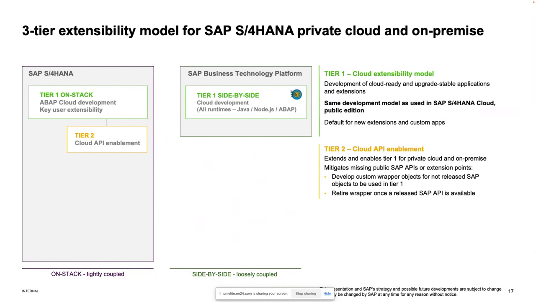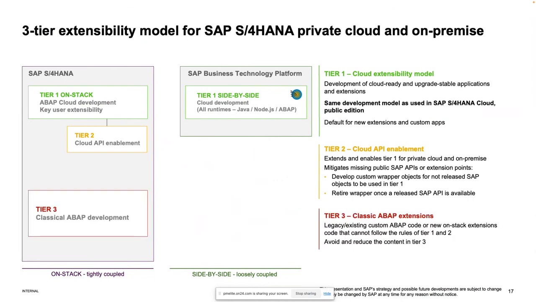There we give you the option also to follow the model and get your code more upgrade stable, that we introduced a so-called wrapper, tier 2, where you build own wrappers based on the APIs of the SAP code and use these wrappers, then you're able to use them in your tier 1 step, which gives you the possibility to create your own interface then for accessing SAP code, which also helps you getting it more stable.